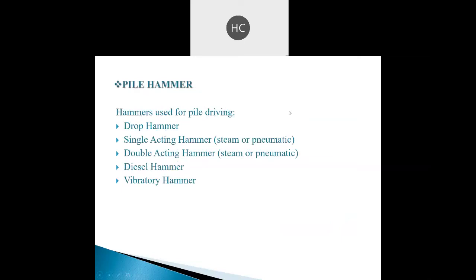Pile hammer. Hammers used for pile driving: drop hammers, single acting hammer (steam or pneumatic), double acting hammer (steam or pneumatic), diesel hammer and vibratory hammer.